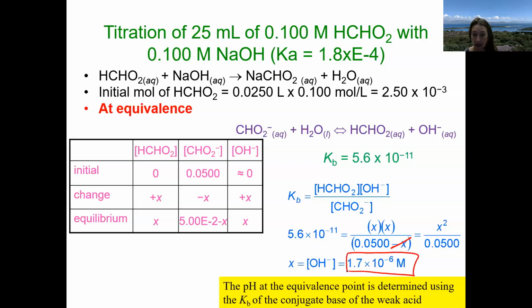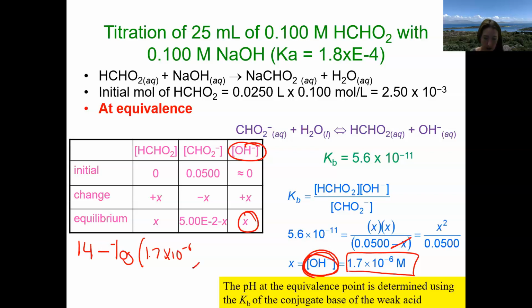Now again, this is OH, right? This is our OH. So negative log of this is our POH, right? So we have to take 14 minus whatever we get. In my calculator, I just do it all in one. I literally just put 14 and hit minus negative log of 1.7 times 10 to the negative 6, right?